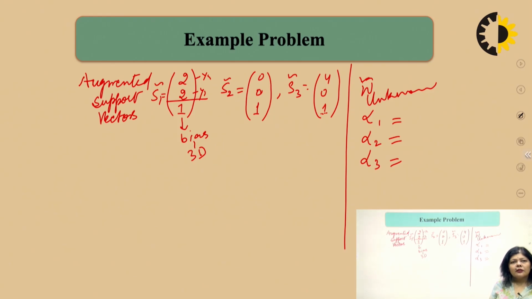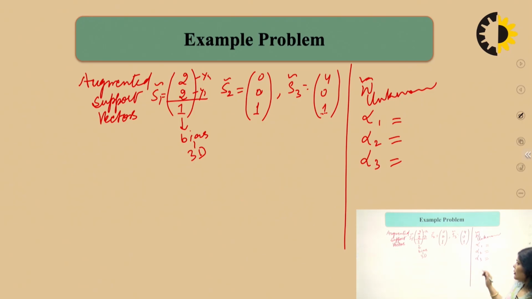So first, to find out W, we need to find out the values of these unknowns. How many unknowns there will be depends on how many augmented vectors you have. If you have 3 support vectors, 3 unknown variables. If you have 4 support vectors, 4 unknown variables, and 4 simultaneous equations you have to solve to find the values of those unknowns. So this way we have to proceed.